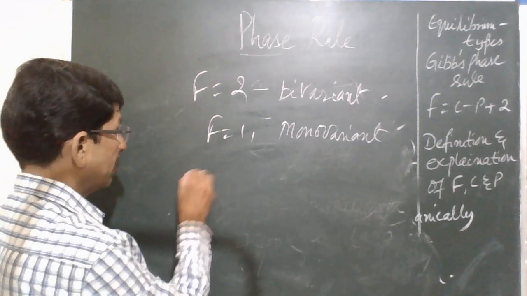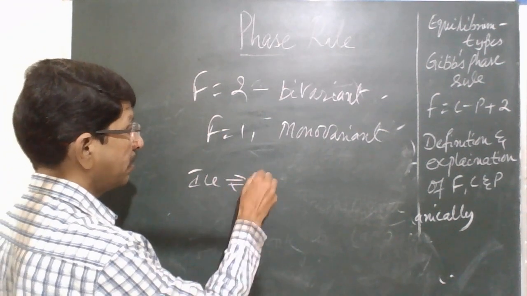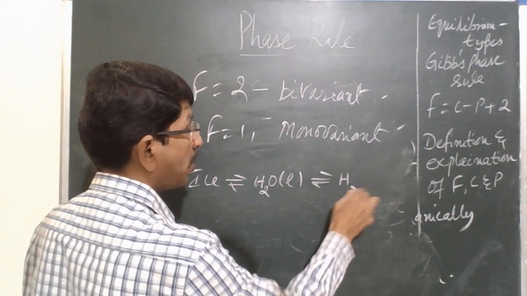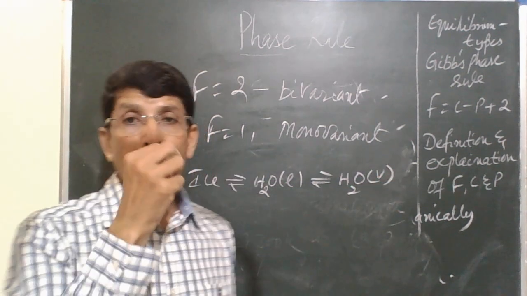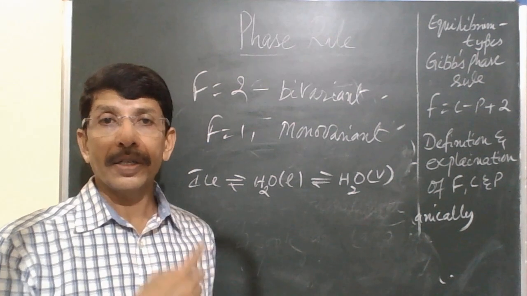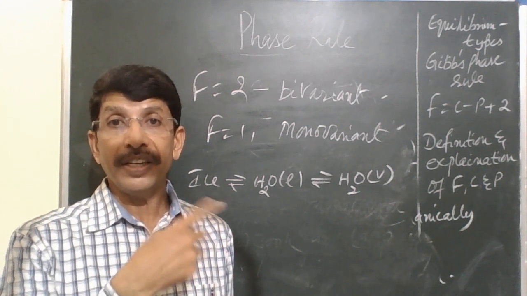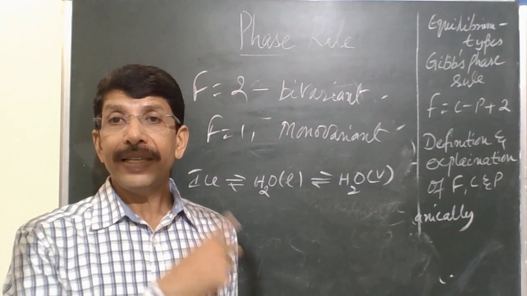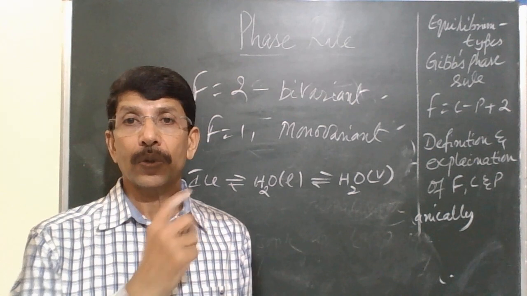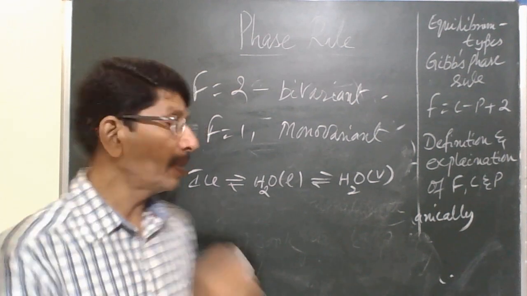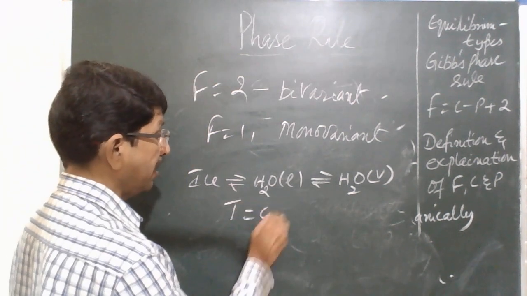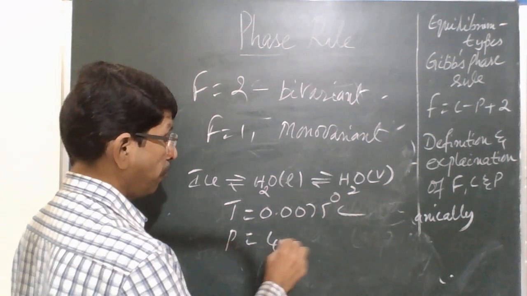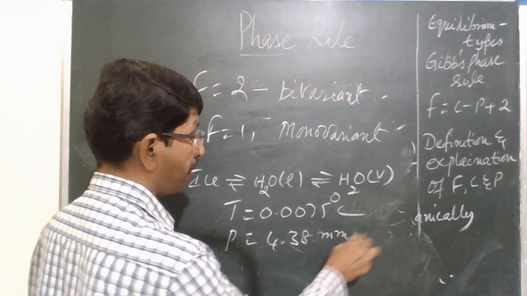And if we consider another equilibrium, ice in equilibrium with liquid water, in equilibrium with water vapor, all the three phases of water are in equilibrium. These three phases in equilibrium are possible only when the temperature is 0.0075 degrees Celsius and the pressure is 4.38 millimeters of mercury.